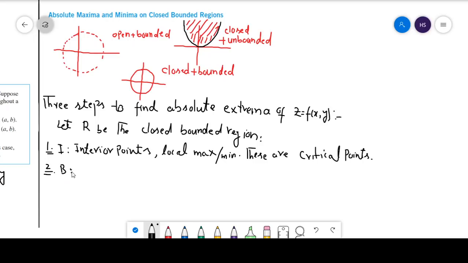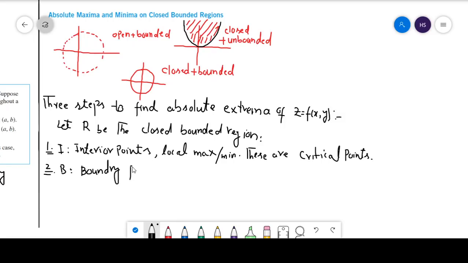The second step is boundary points. Let it be denoted by B. Since the boundary is included and we are investigating the absolute extrema of a function of two variables on a closed bounded region, we have to check the boundary as well.